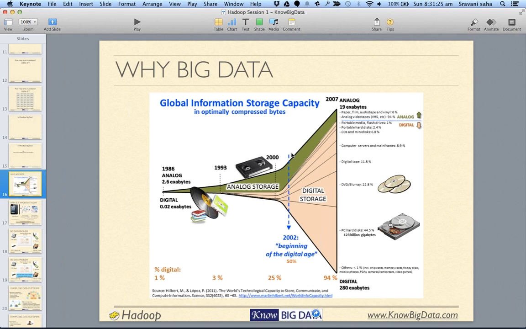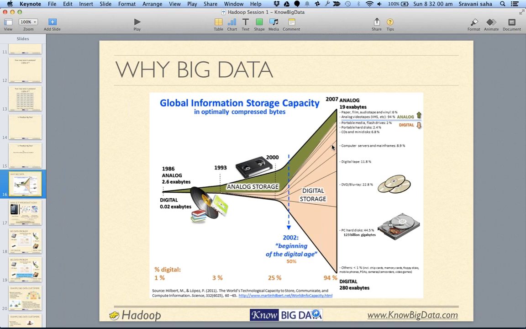Analog storage is something like paper, film, audio tape, etc., while digital storage is your hard disk, CD, etc. As per this graph, which goes up to 2007, the data was only 280 exabytes in 2000, and an exabyte is 18 zeros. An exabyte is essentially 1024 petabytes.